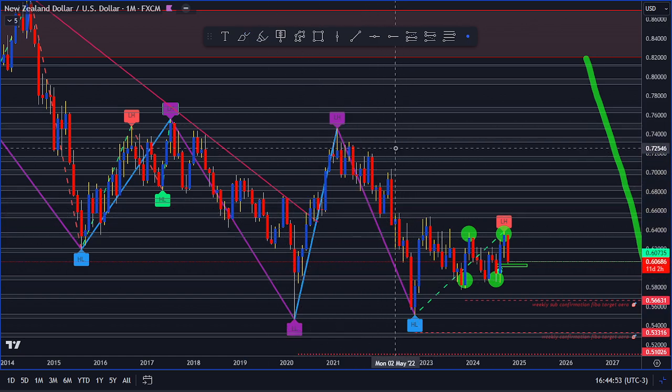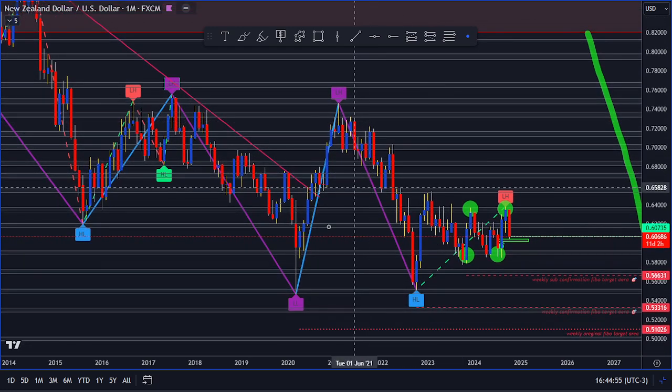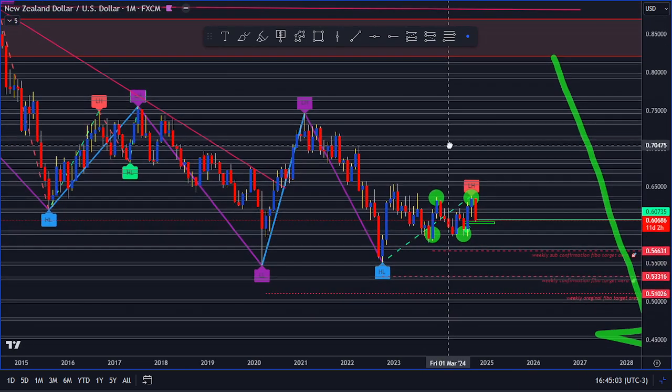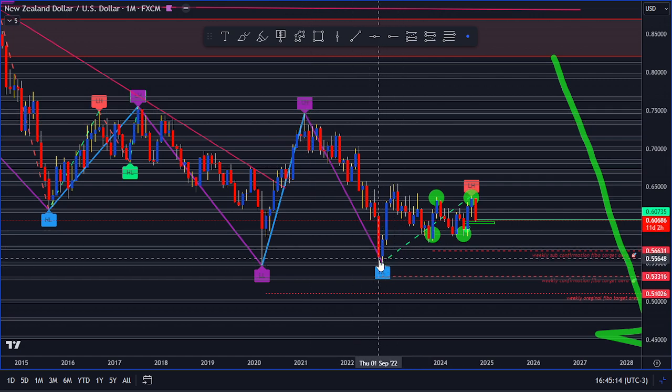So at this point in time, what we are looking at is the market made a higher high. All right, so we have a 75% uptrend. Yep, we have higher highs, higher lows. All right, so this is 25%, 25% here.